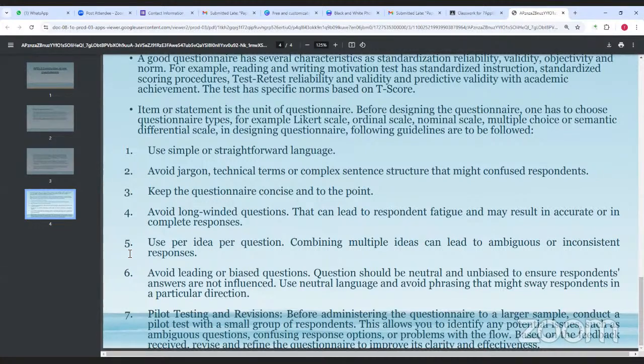And the relation between item variance and total variance will be very high. So if it is 0.8, that means you can tell the internal consistency of the items is very good.